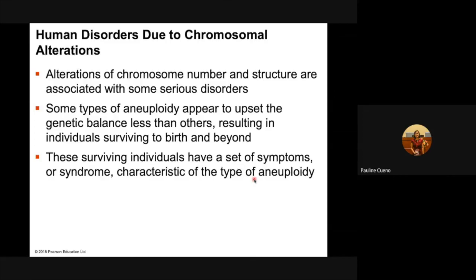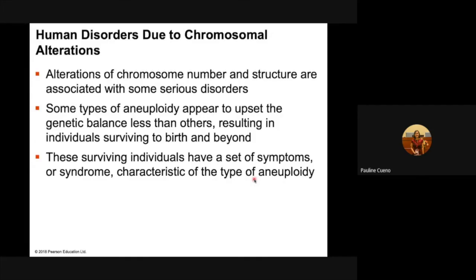So yung surviving individuals, grabe active yung mga manok, di ba? So yung surviving individuals have a set of symptoms or a syndrome characteristic of the type of aneuploidy. Kasi nga kanina sabi dun sa polyploidy, hindi siya nag-exist sa animals, most likely sa plants.